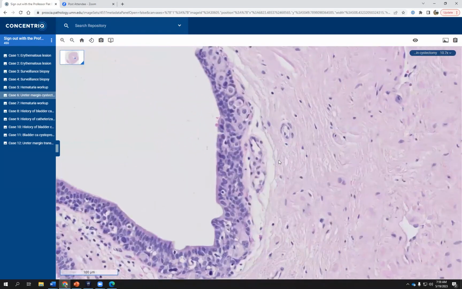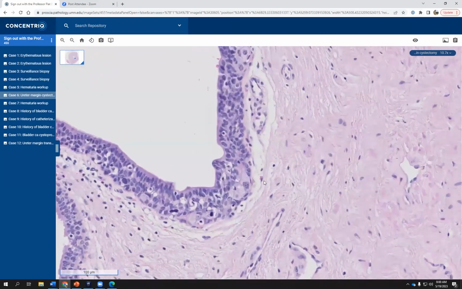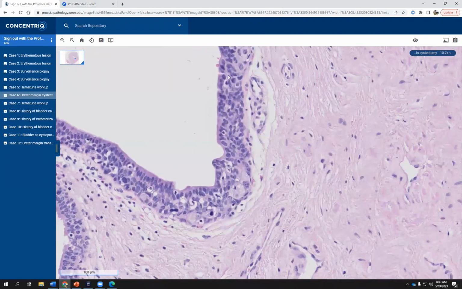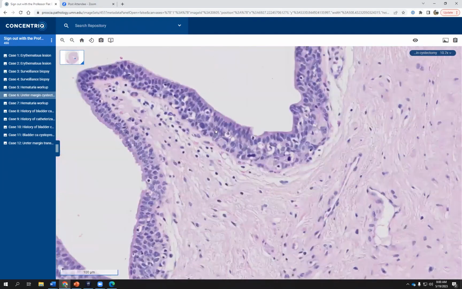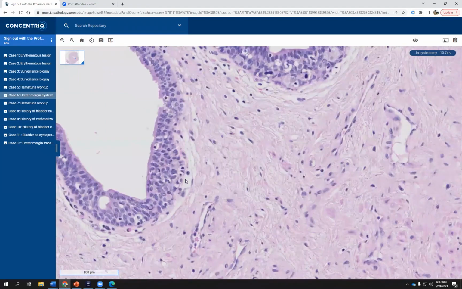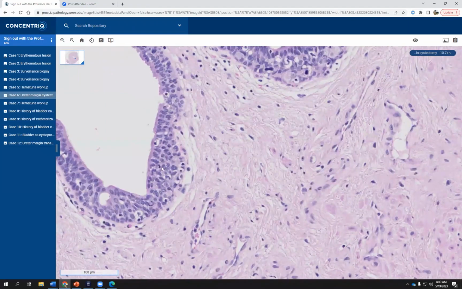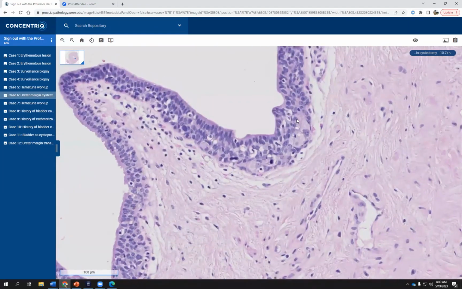So be aware of the pagetoid spread, like an area over here, you might only see something like this. Most of the urothelium looks normal otherwise. Okay, so this is an important pattern of carcinoma in situ to recognize. Pagetoid carcinoma in situ. All right, with that, let's move on to case 7.